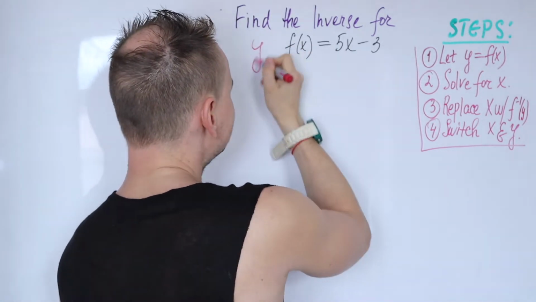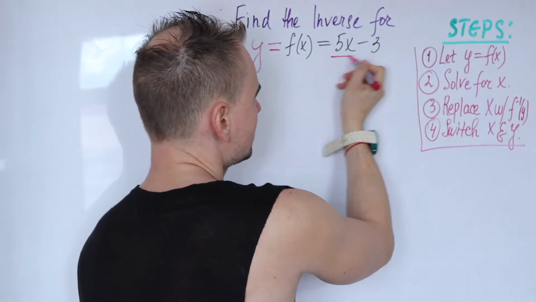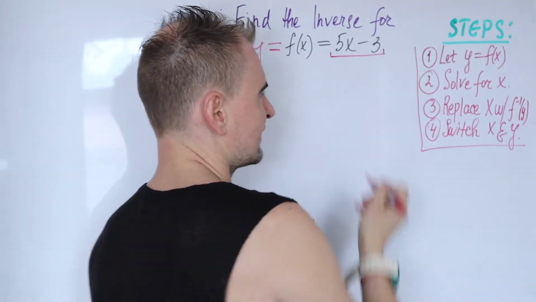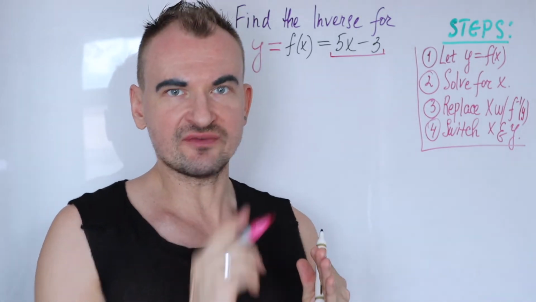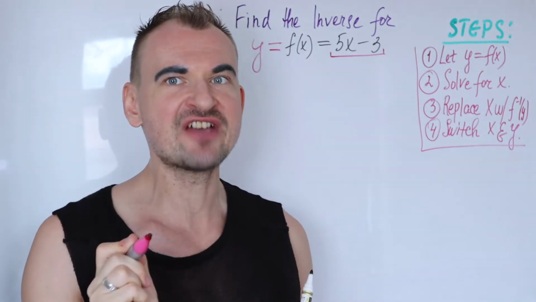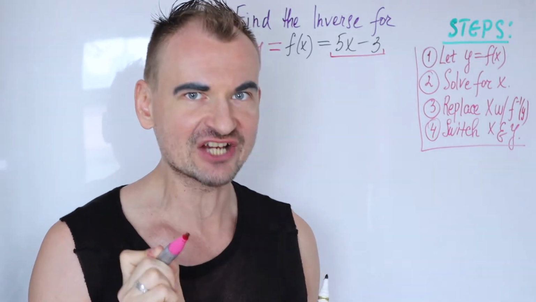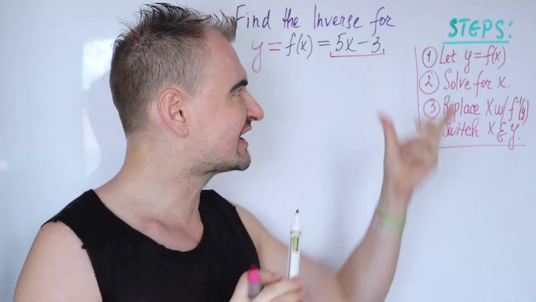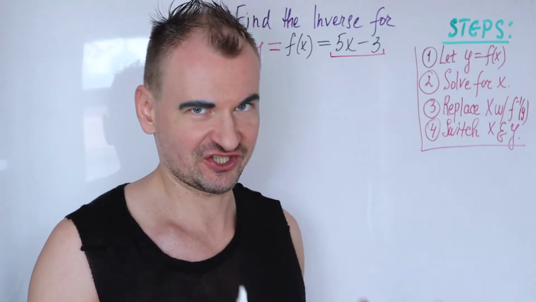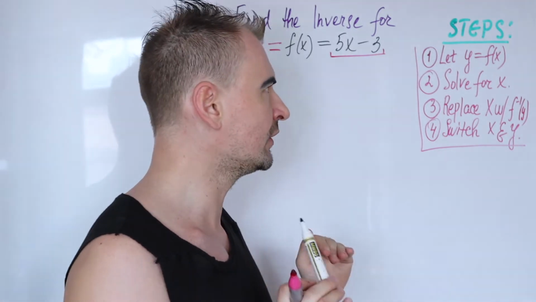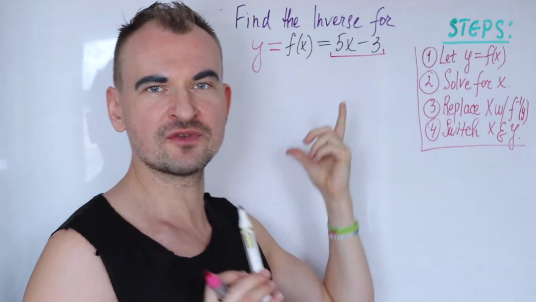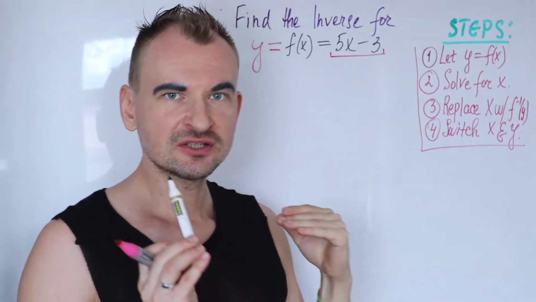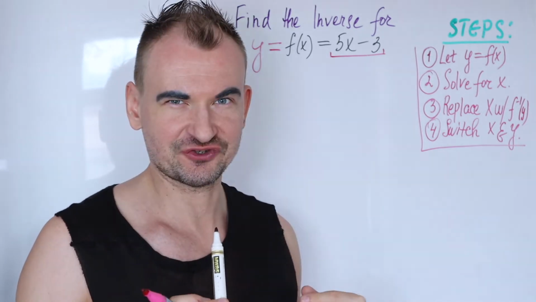So you just simply put y equals 5x minus 3. If you are already given y equals the equation in terms of x, you could simply skip over the first step. Now, moving on. The second step, you want to solve your equation for x.